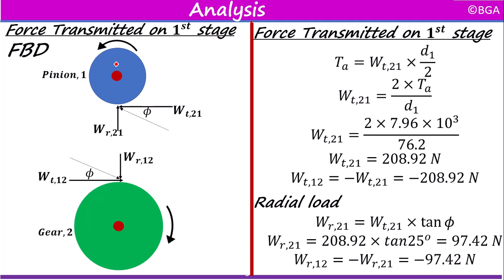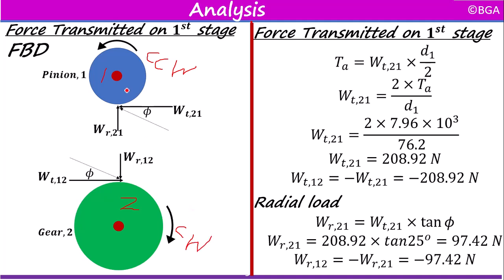The other thing that we need to find out in gear design is the force transmitted on each stage. So in the problem we are given that gear 1, the driver gear, the input gear, rotates in the counterclockwise direction. It's given. So when gear 1 rotates in the counterclockwise direction, then gear 2 should turn in the clockwise direction.